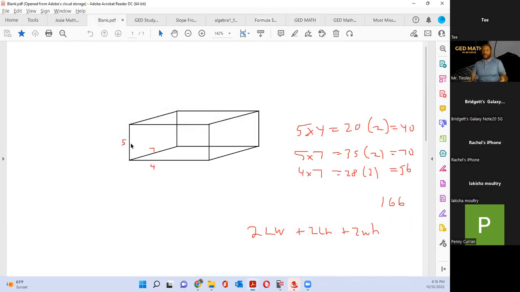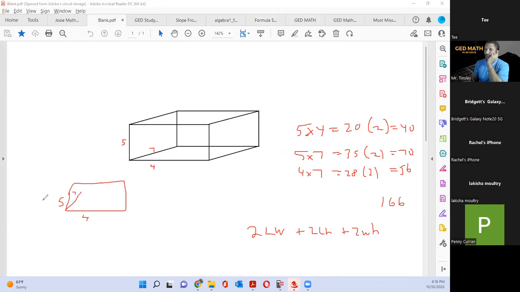So all they want you to do is identify what we're looking at. We said this was 5 by 4, so length, width, height, right? This front face is 5 by 4, so that first rectangle right here is 5 by 4, and the height right here is 7.